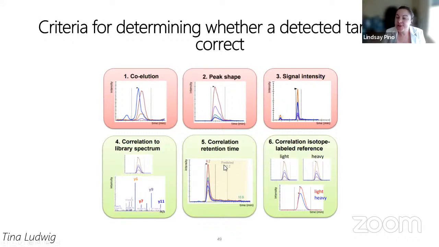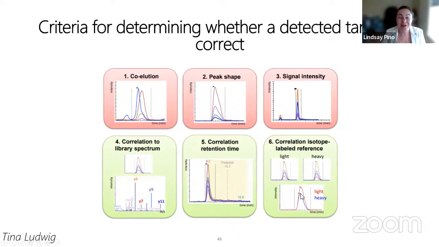Similarly, the correlation to the retention time, whether that retention time is predicted or measured from a real library that you collected on your instrument, can be helpful in knowing that you picked the right peak. And then finally, if you are like a super gold star A+ mass spectrometry proteomics experiment, you'll have a paired internal standard that has a heavy lysine or heavy arginine, and those two should perfectly co-elute.